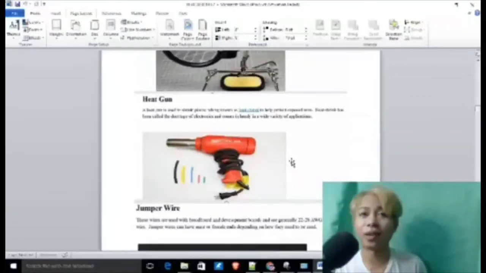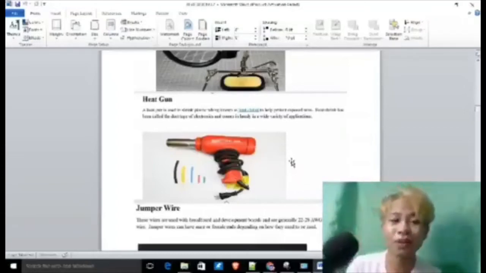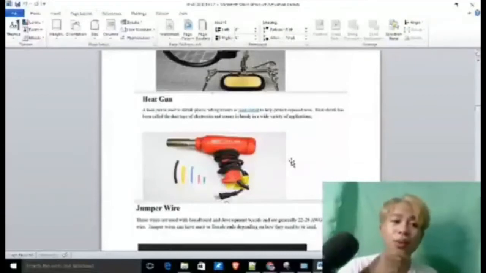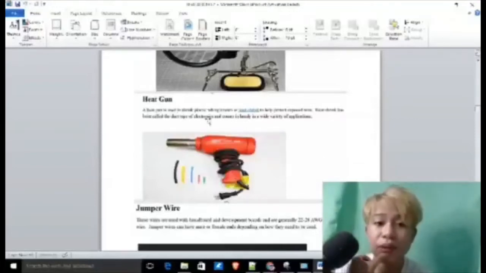It's something where you put stick glue on the glue gun to perform its function, so that the glue will be melted and you can paste what you want to paste. So for this, it was said here that the heat gun is used for shrinking plastic tubing.